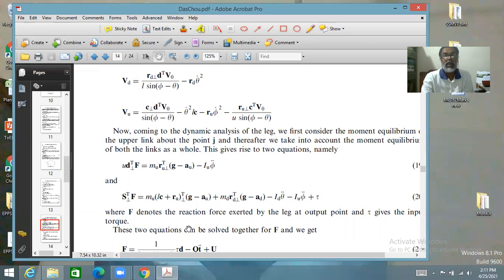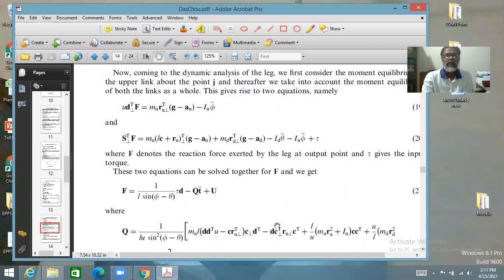Now these two are not perpendicular, so you cannot directly add them up. You have to work out what is the correct f. That is why we did not add up the two components. We got one equation for f from here and another equation for f from here, and now you solve these two to get f.